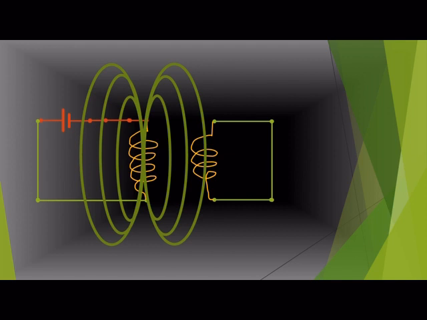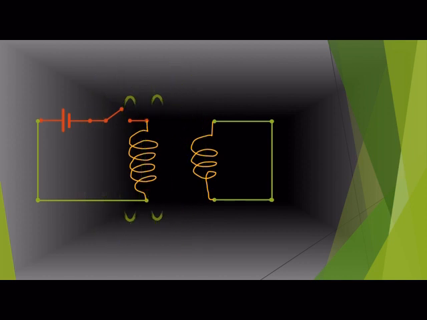Hence, it induces a current in it. When you switch the circuit off, the magnetic field goes away, which again induces a change, and hence a current flows. But what if you want a continuous current to flow? You need to replace the DC battery with an AC source. This is the principle behind the working of a wireless charger.